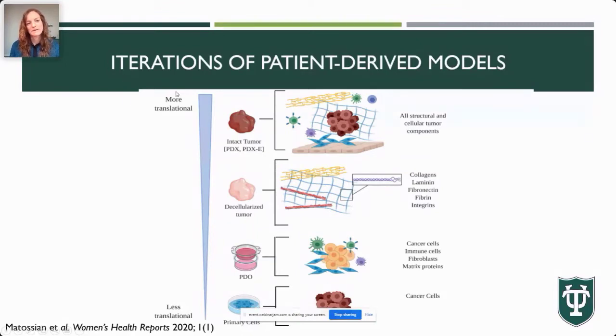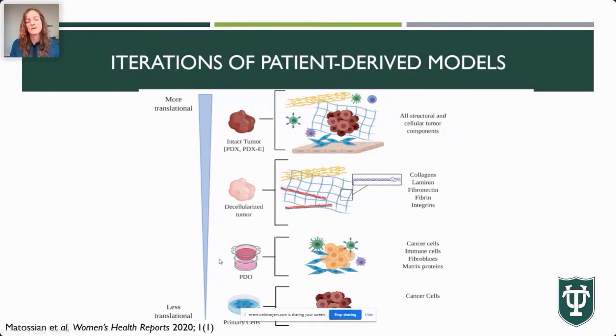The step before that is implanting an intact tumor, so taking a piece of a tumor, implanting it in a mouse, and then treating the mouse model or another animal model. We've historically used immunocompromised mouse models, but now there's been a shift to humanized mouse models to maintain an intact immune system. You can also treat the intact tumor in a dish as an explant.